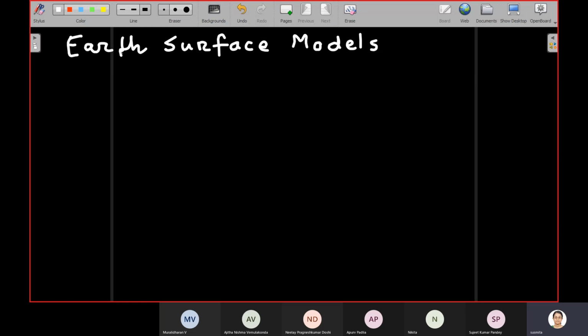So if you want to capture all the finer details of the Earth's topography, then we would require a large storage space and complex navigation algorithms. Now, as an alternative, we adopt two models for the Earth surface. They are called geoid and reference ellipsoid.